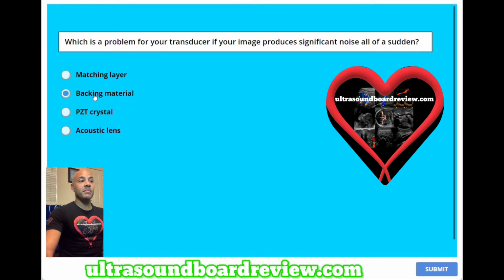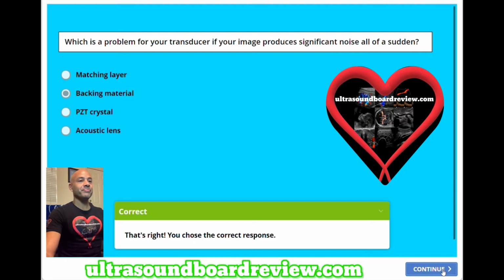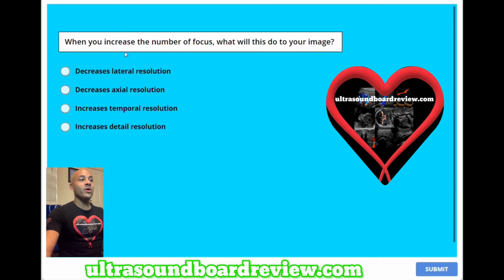The answer is B. Backing material. Question 22. When you increase the number of focus, what will this do to your image? A. Decreases lateral resolution, B. Decreases axial resolution, C. Increases temporal resolution, or D. Increases detail resolution?